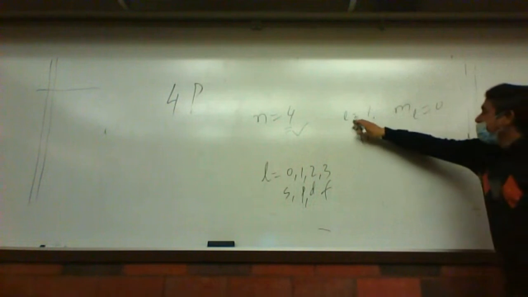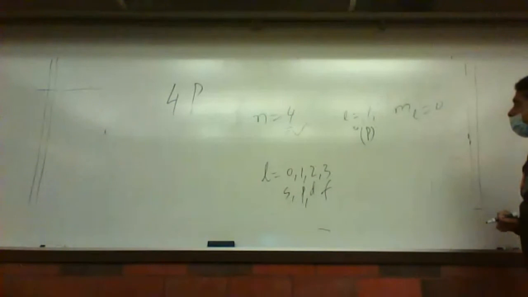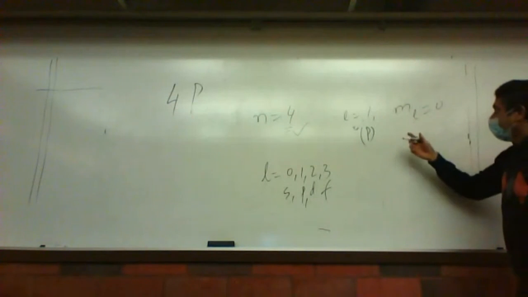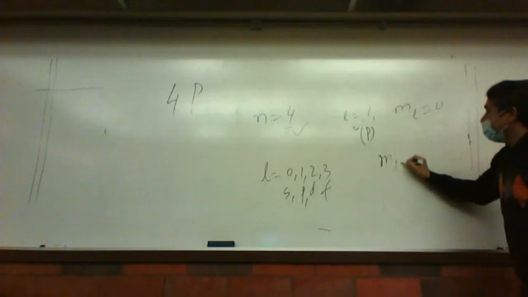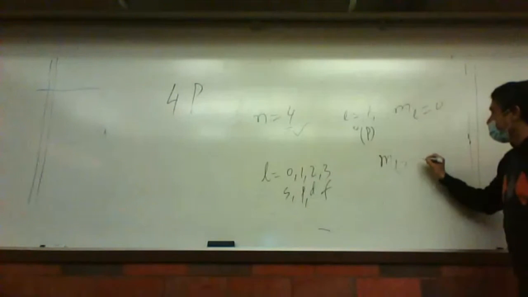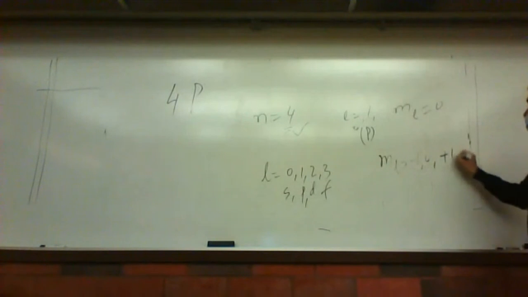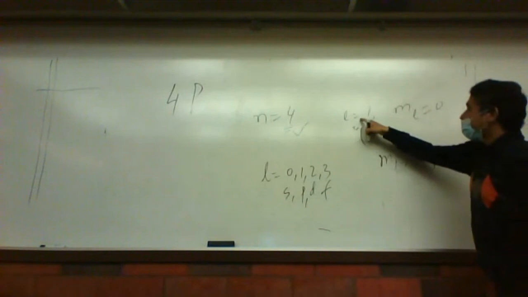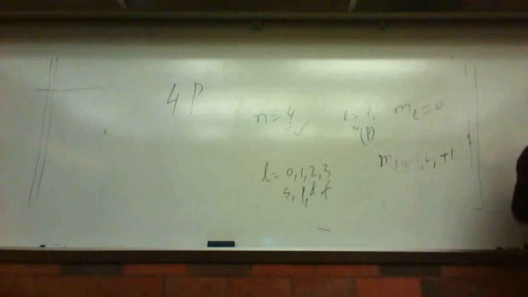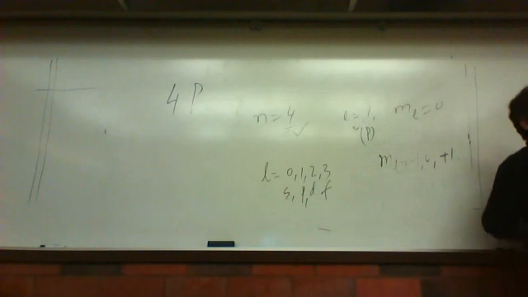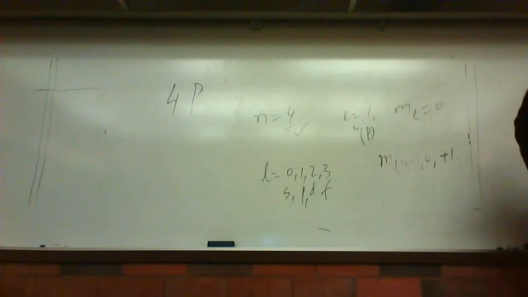Now, if I write L equals 1 here, what are the values of ml? I should start writing from -1, 0, and +1. So this is L equals 1, a dumbbell, right? But how many kinds of dumbbell are there? There are 3 kinds.